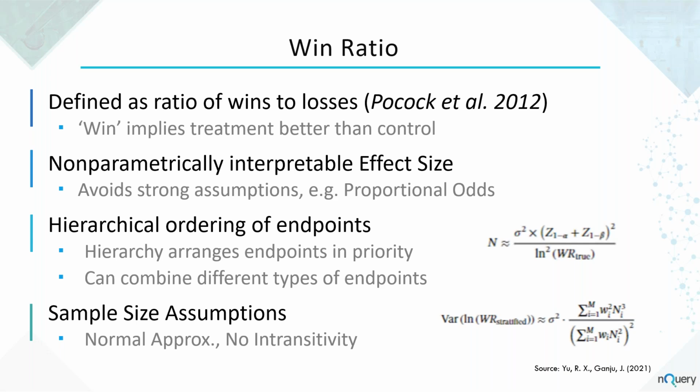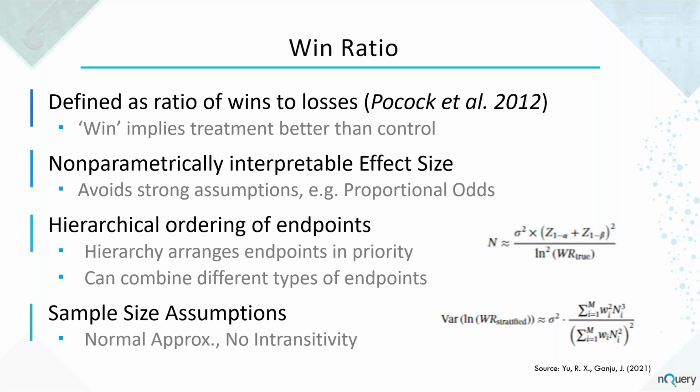For example, as we did earlier with the proportional odds model, where we assume proportional odds, that's not an issue in this case. So this is very useful, and it means that it's quite broad in terms of its application. Although I should mention that maybe it's most commonly encountered in survival type analysis.